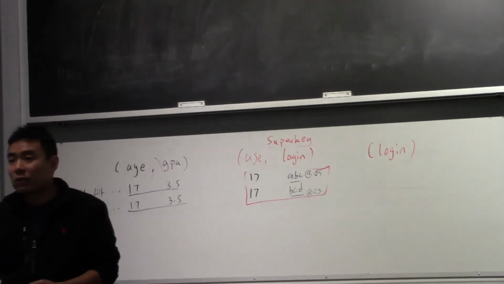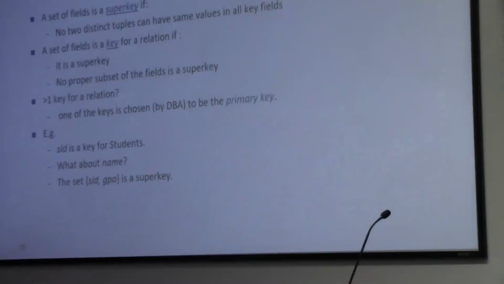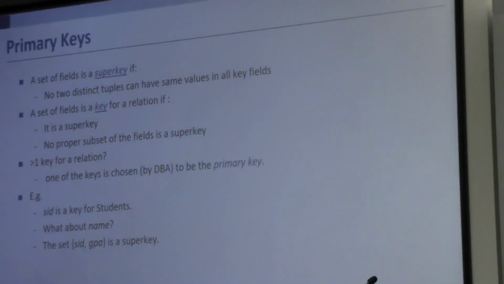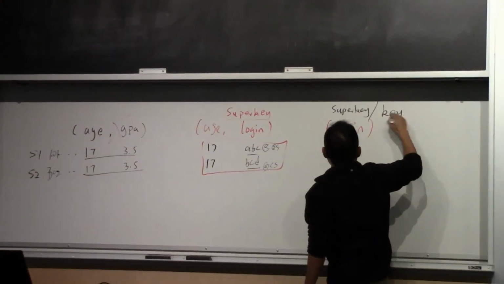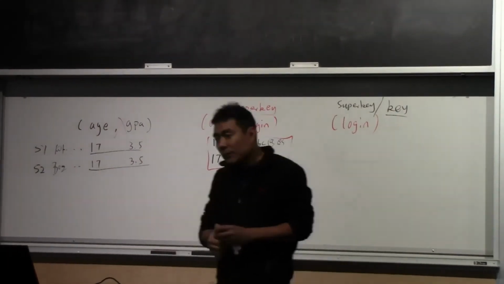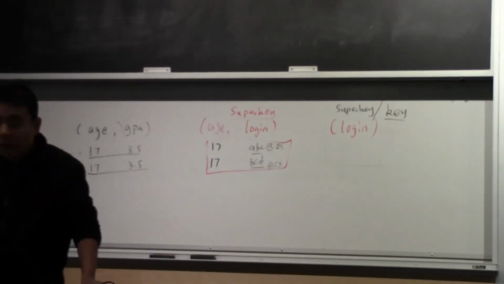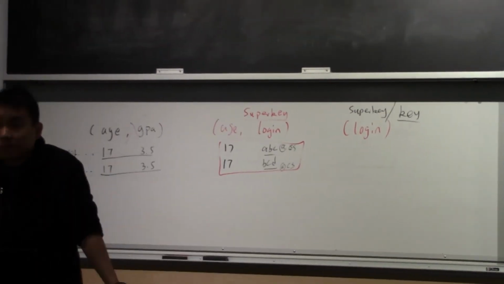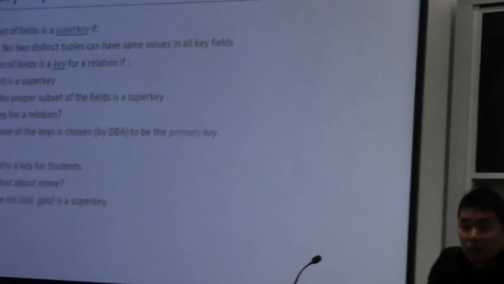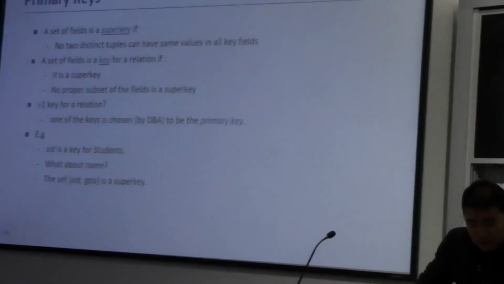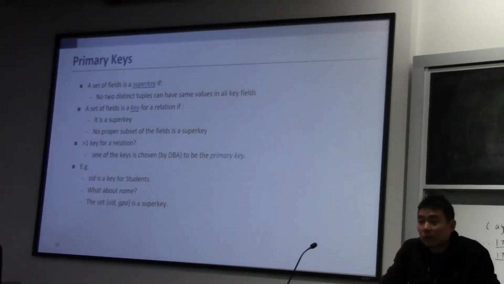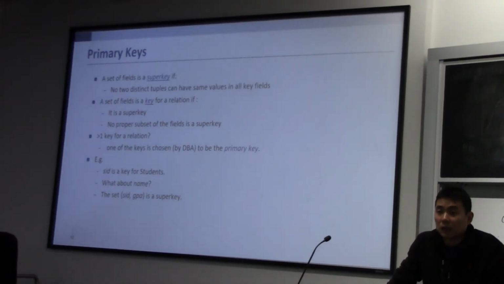Your question naturally leads to the definition of key. So this is not only a superkey, but it's actually a key. The definition of a key is, first of all, it must be a superkey. Secondly, no proper subset of the fields is a superkey.